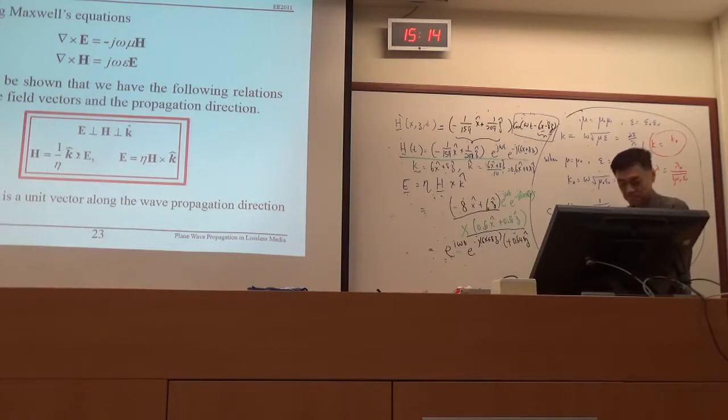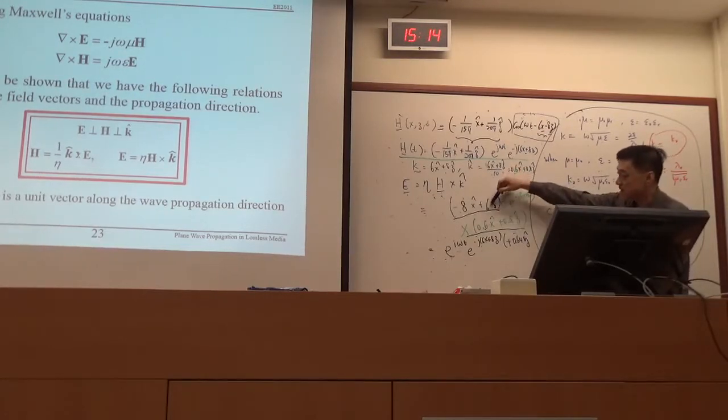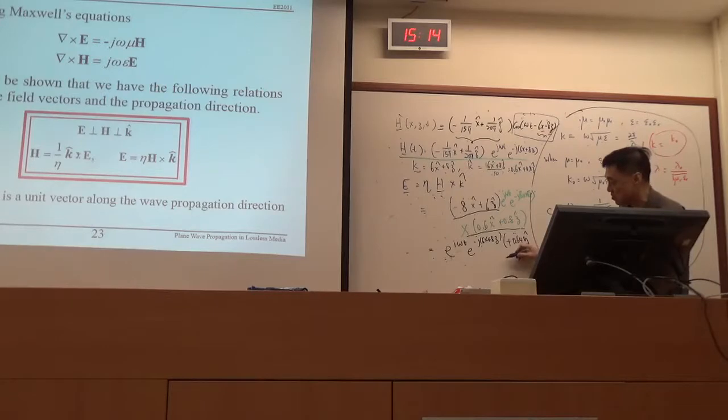Right? Then Z cross X. Z cross X is Y. Okay. Z cross X is Y. 6 times 0.6 is equal to 0.36 Y. Z cross Z equal to 0.